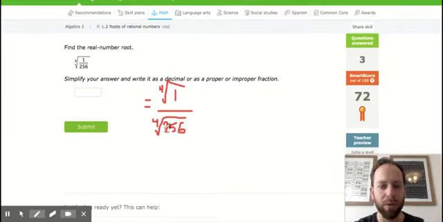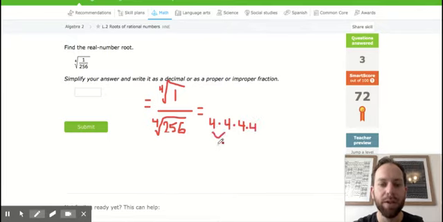Now we know this number is going to be greater than 2 and greater than 3 because we just had the 5th root of 243 and that was 3. So what number would you multiply by itself 4 times to make 256? Well, since this is even, let's try 4 and see if it works. 4 times itself 4 times, because we're looking for the 4th root.